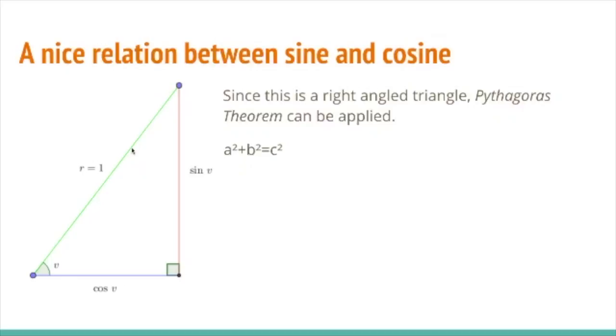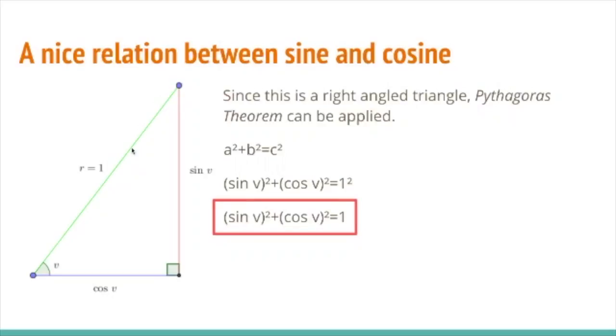So plugging that into this concrete example, we see that a and b can be sine v and cosine v, and c, which is the hypotenuse, is equal to 1. So we have sine v squared plus cosine v squared equals 1 squared. And since 1 squared is just 1, we get this nice relation.